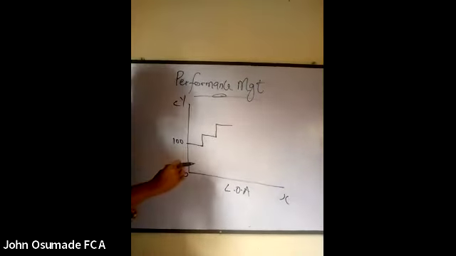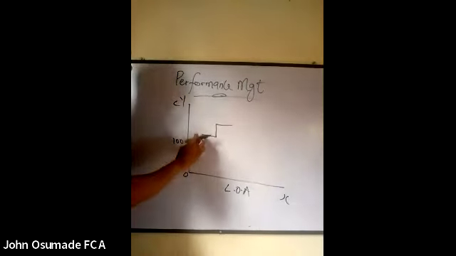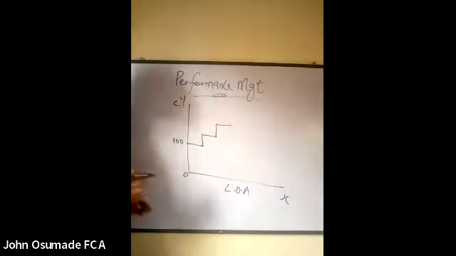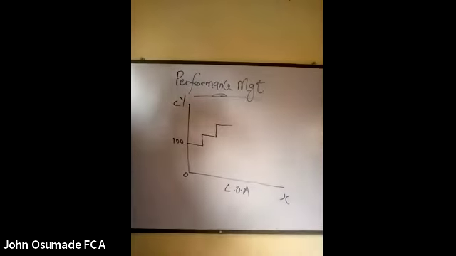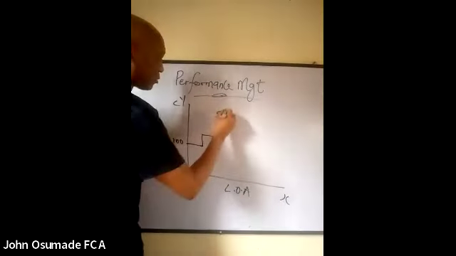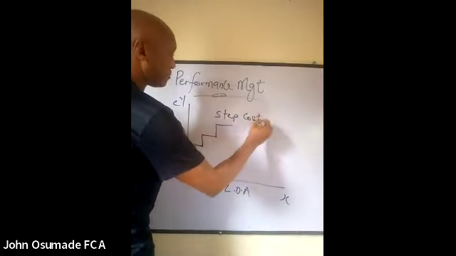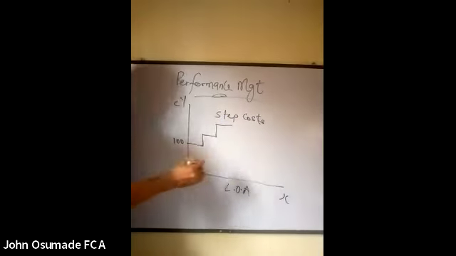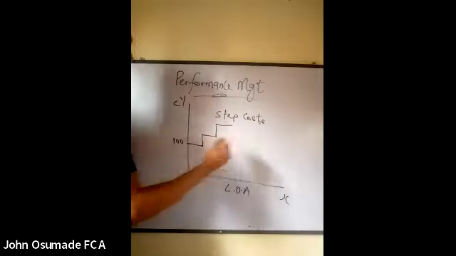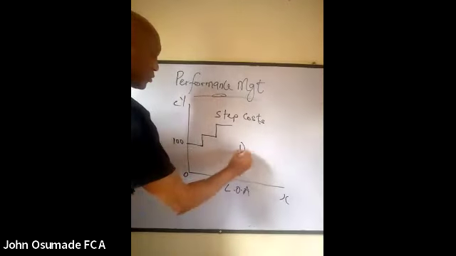But when you are adding, it's like going up a staircase. Are you following me? That is step cost. We call it step cost because it looks like a step. Example of step cost is depreciation.